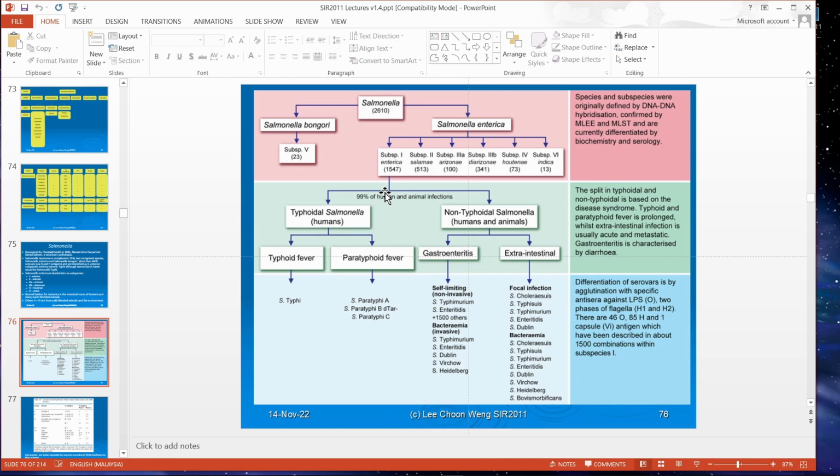Under subspecies 1, we have typhoidal Salmonella and non-typhoidal Salmonella. What is important here is that under typhoidal Salmonella, you have typhoid and paratyphoid. The Salmonella that cause typhoid or paratyphoid fever are Typhi and Paratyphi. Then the rest cause gastroenteritis.